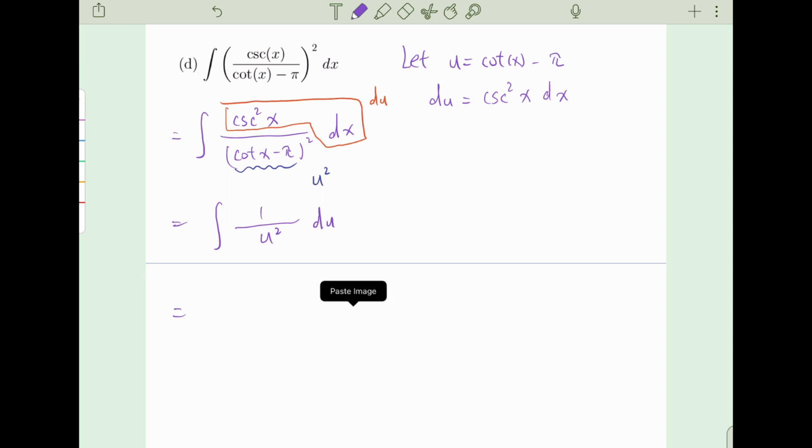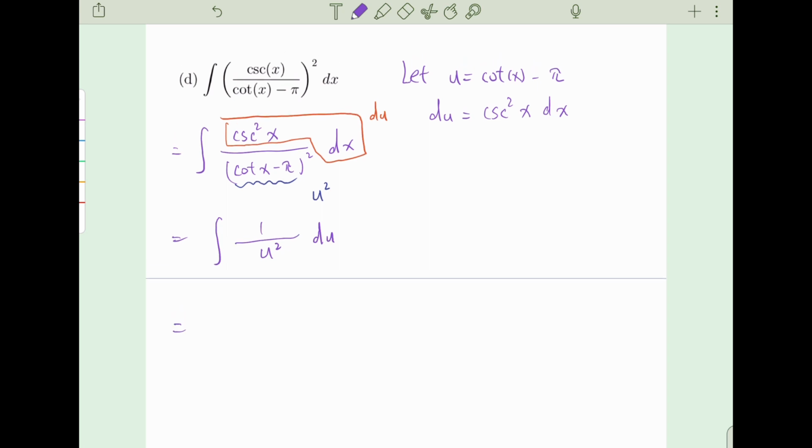And now I can write this as u to the negative 2 du, and by the formula it becomes negative u to the negative 1, plus c.